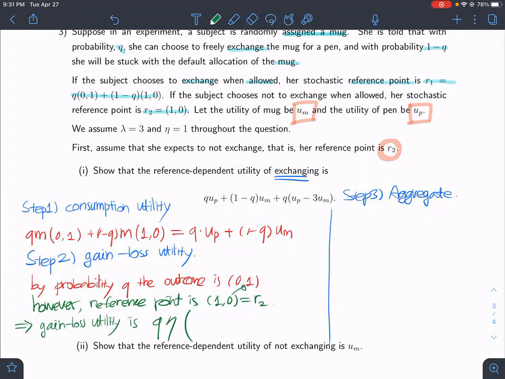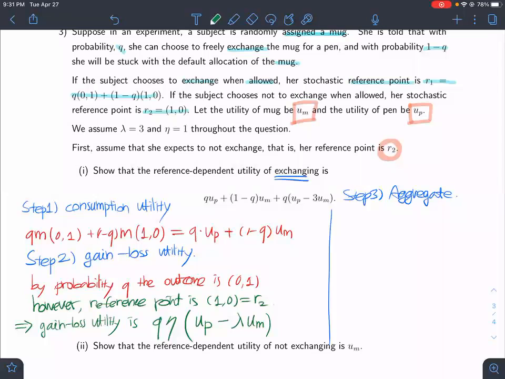This one pen is the gain, based on the outcome, and the utility for the pen is UP. What's the loss? I was expecting to get this 1 mug, which didn't happen in practice. So that is the loss, minus lambda U of M is the loss. Any question?